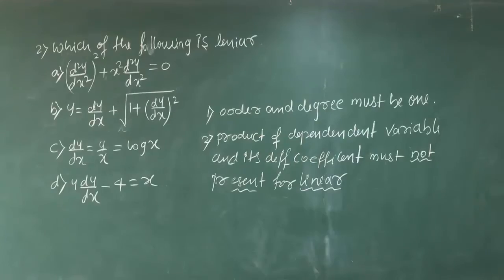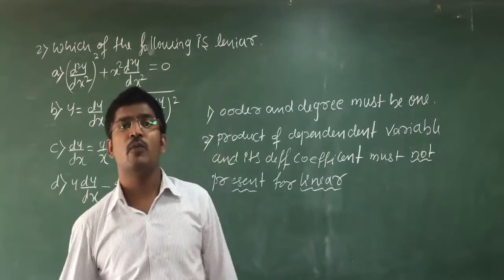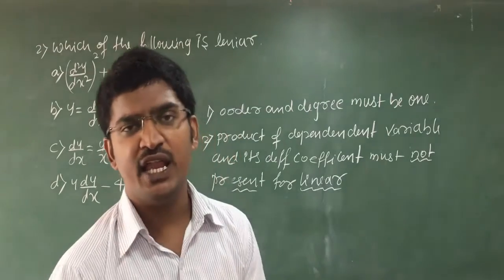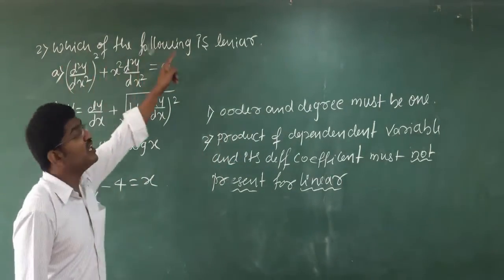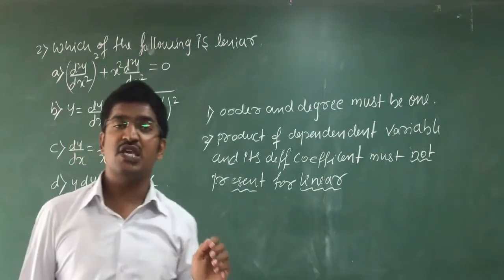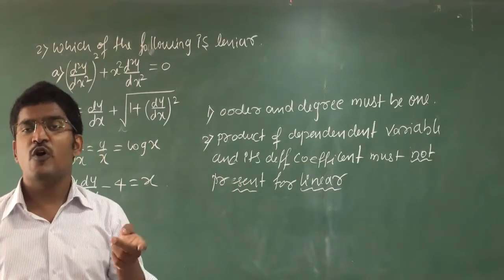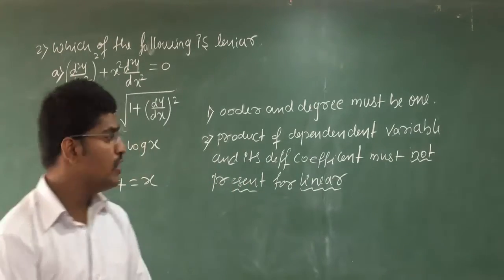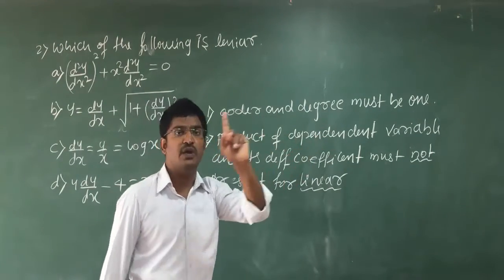Okay students, now let us go for the second problem on finding linear and non-linear. See here, which of the following is linear? Now they are asking which of the following is linear. Previous was which of the following is non-linear. Clear? To be linear, order and degree must be 1.